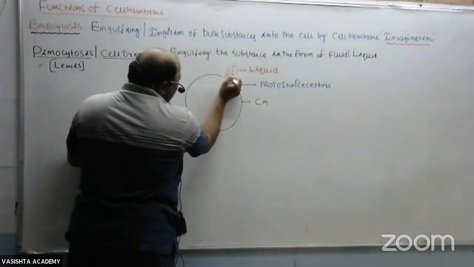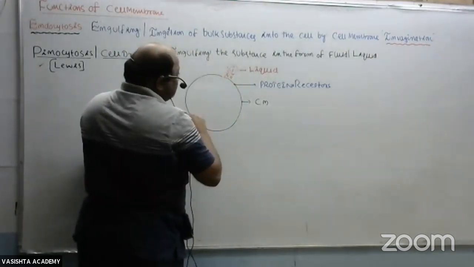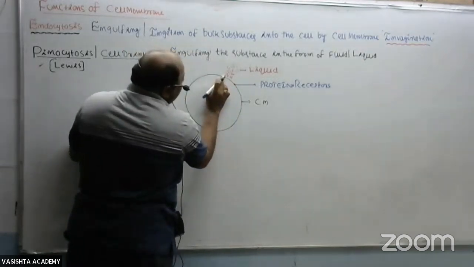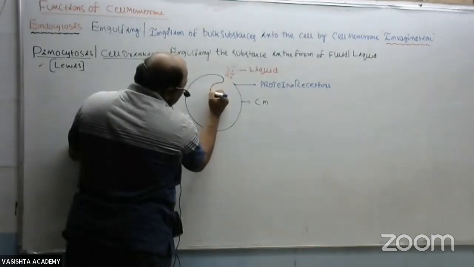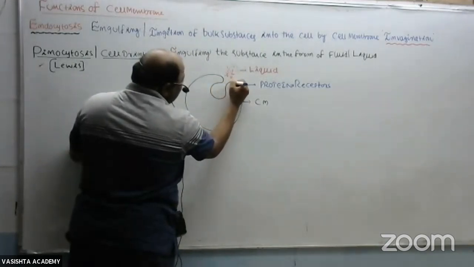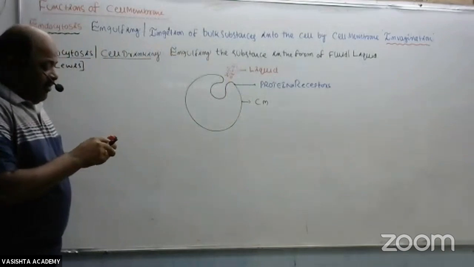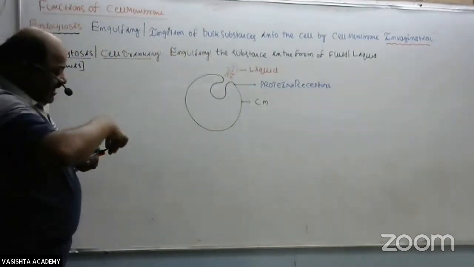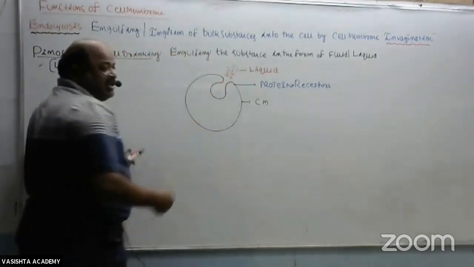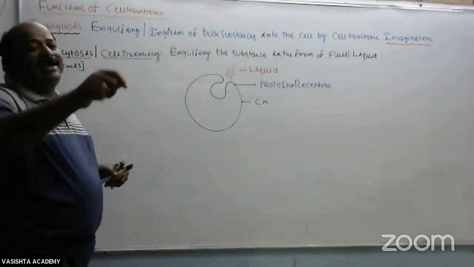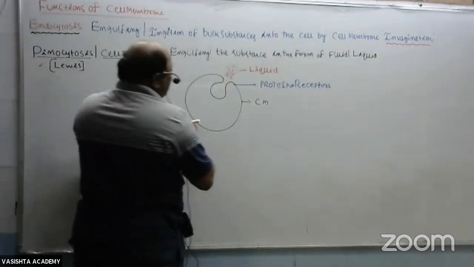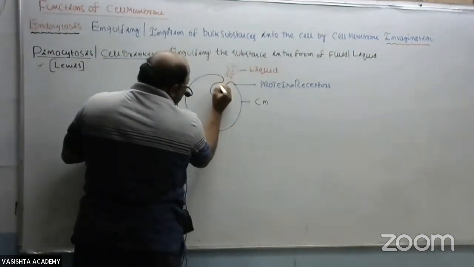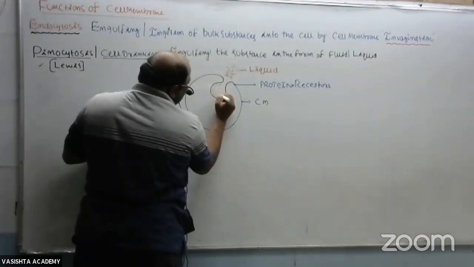During this moment, what happens? Slowly the cell membrane folds inside. Whenever it folds inside, an invagination, a bag-like or sac-like structure, is formed. The entire liquid enters into it.